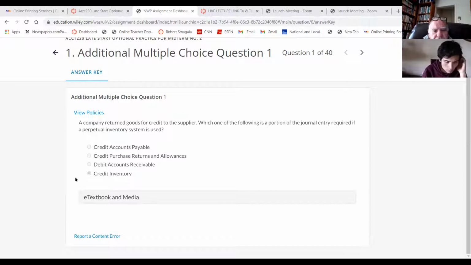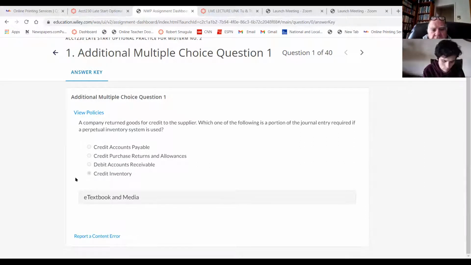Under a perpetual system, you're going to have to write a journal entry where you credit the inventory. You're going to debit accounts payable and you're going to credit the inventory. We understand that, Miguel? We're returning goods, so you're getting rid of inventory.